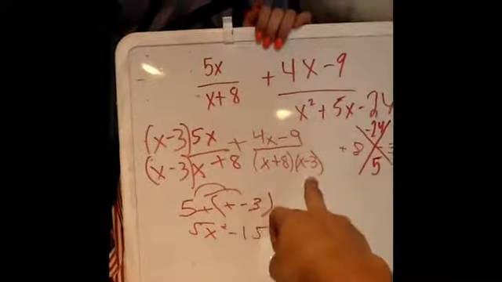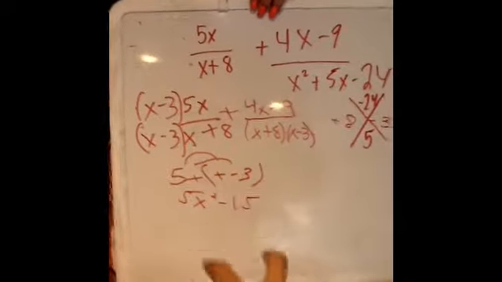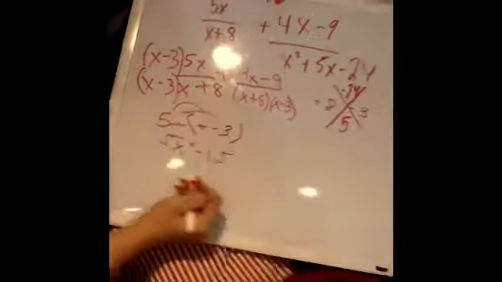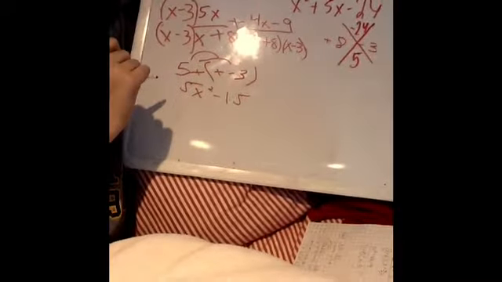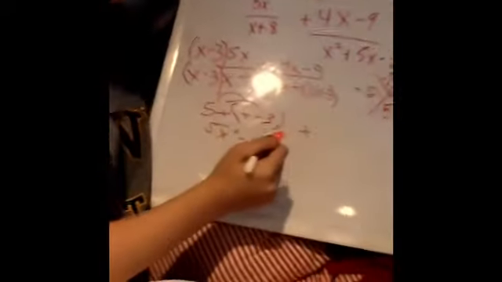So you multiply by x minus 3, and then you get a common denominator. Once you do that, you're going to distribute. So show us the distribution. The 4x minus 9. Can you even factor that out? No, you can't. So it'll just stay 4x minus 9.